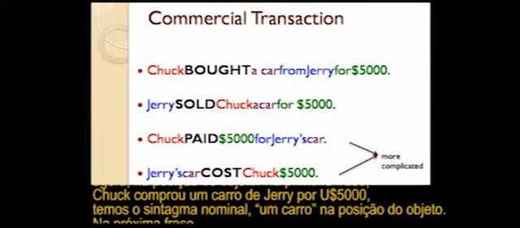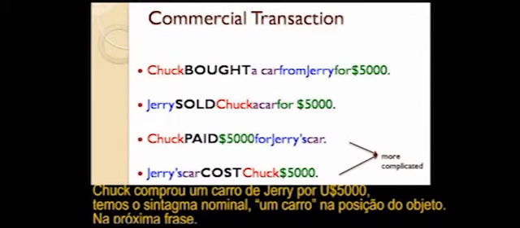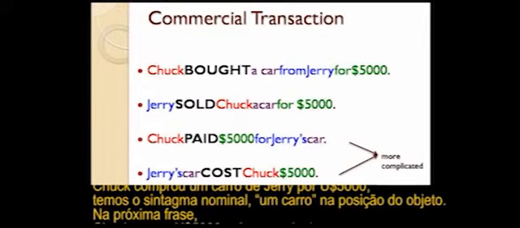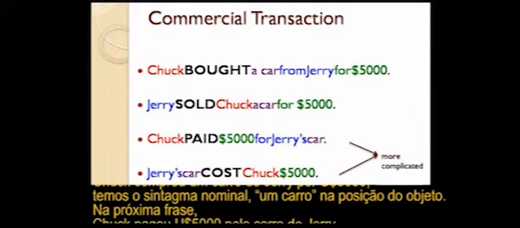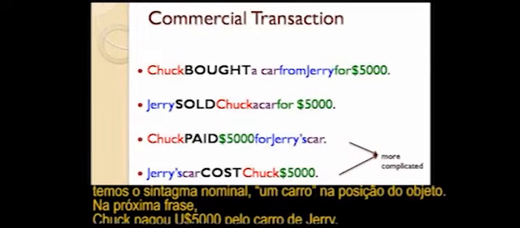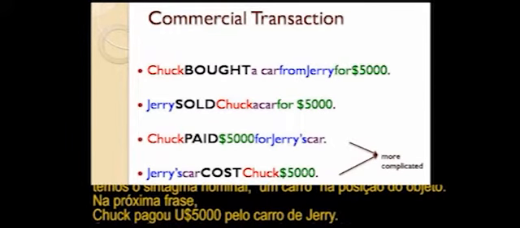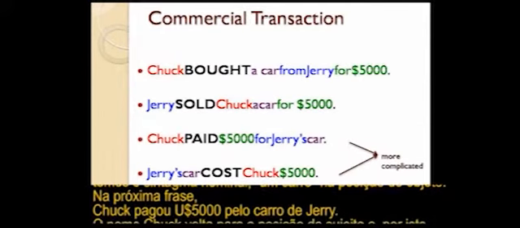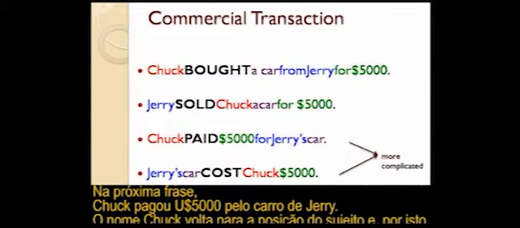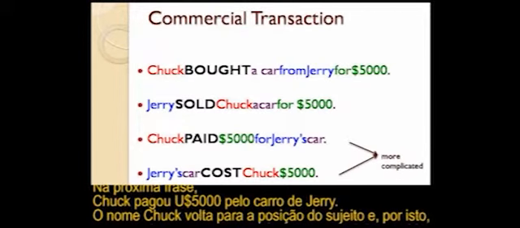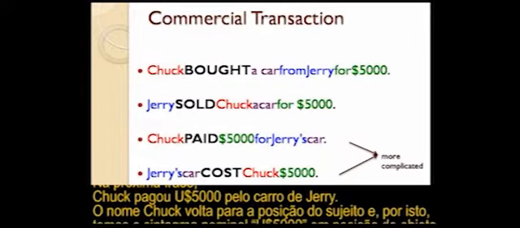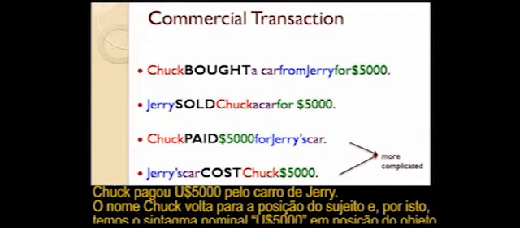Okay, in the next sentence, Chuck paid $5,000 for Jerry's car. So the noun Chuck is back in subject position. And now we have the noun phrase $5,000 in object position.